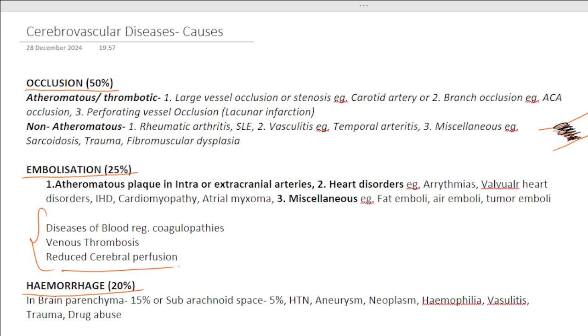When we talk about non-atheromatous, you saw a lot of systemic disorders, right? Then embolization, here also atheromatous plaque in intra or extracranial arteries. Suppose there is a heart, and then this is superior vena cava and inferior vena cava came inside.